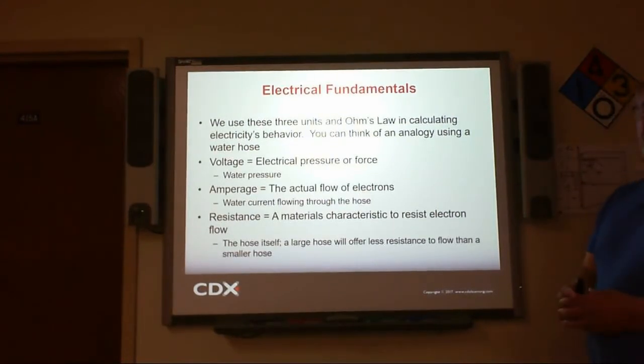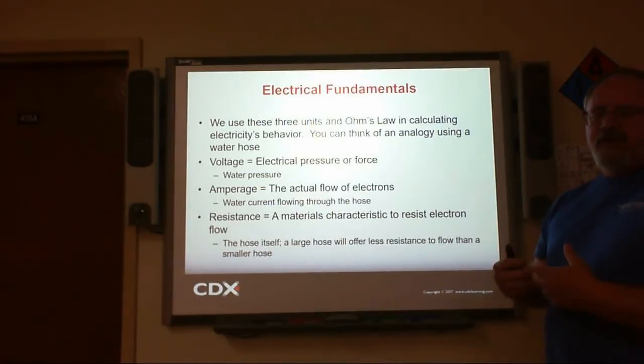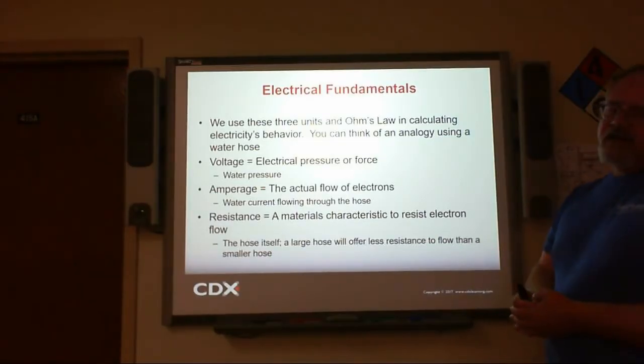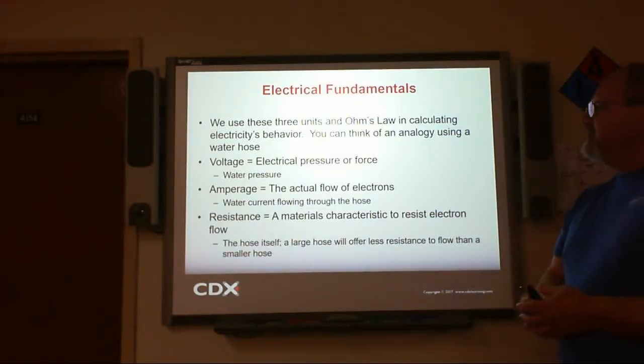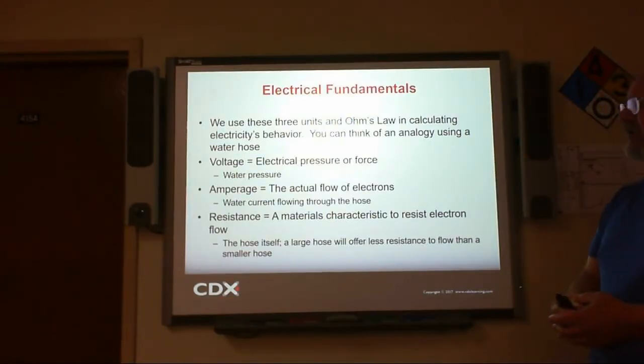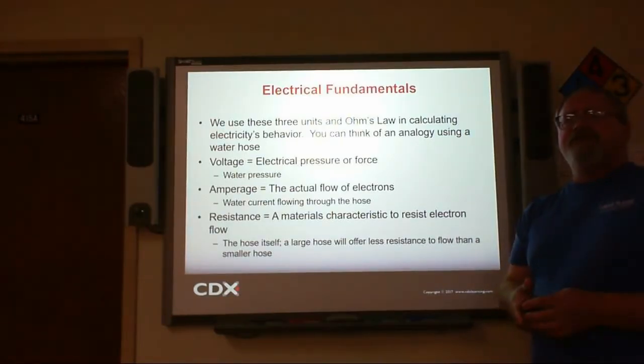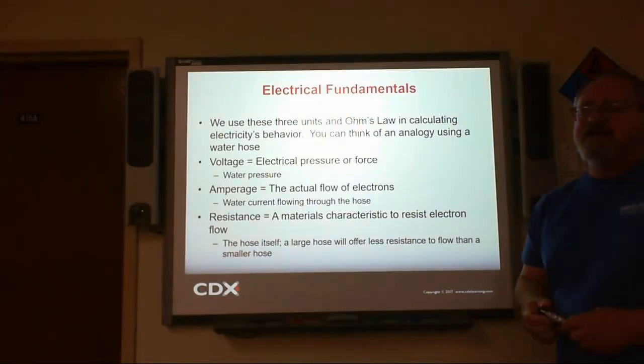So that gives us our 3 units of measure that we use to calculate a circuit's behavior. We get this from Ohm's law. And you can actually think of electricity flowing. You can use the water hose analogy.